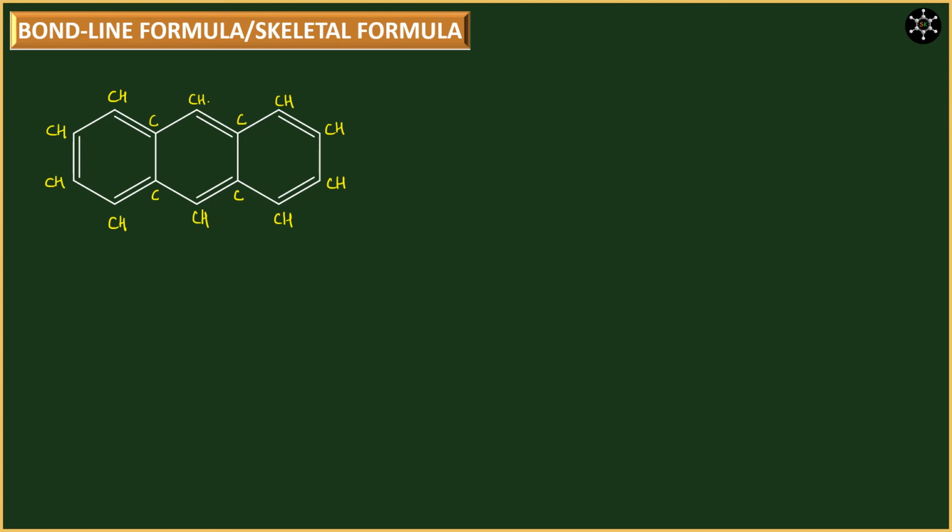So the condensed formula is CH, CH, double bond, CH, single bond, CH, double bond, C, single bond, C, double bond on one side, single bond on another side to CH, double bond C, single bond C, double bond CH.